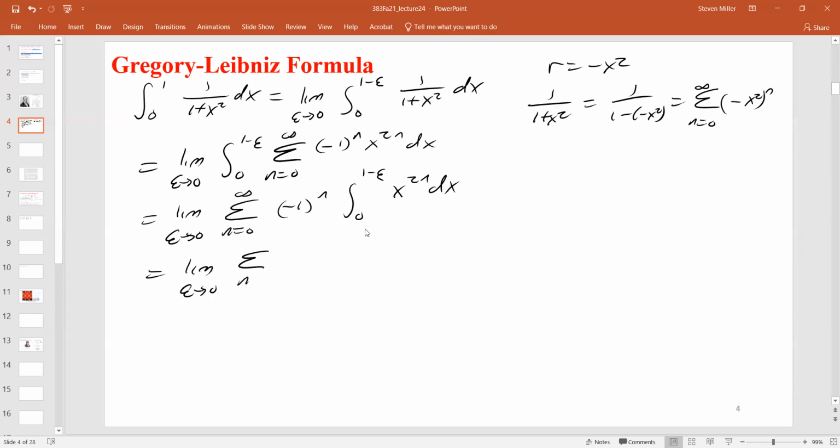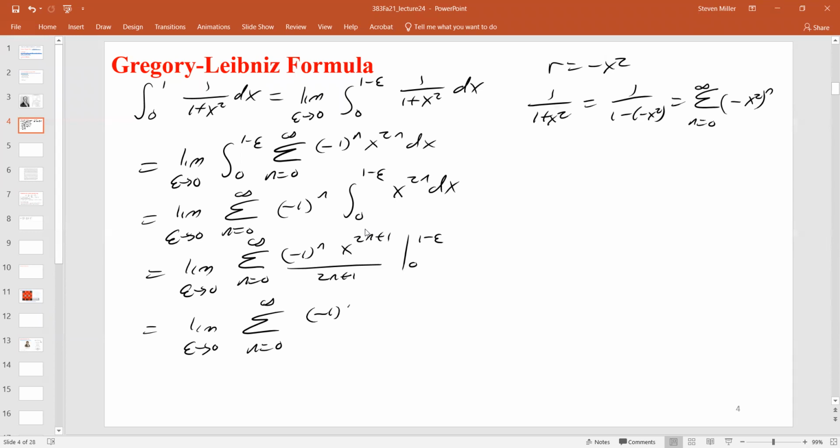So it's going to be the sum n goes from 0 to infinity of -1 to the n, and then we'll have x to the 2n plus 1 over 2n plus 1 at 0 and 1 minus epsilon. So it's the limit as epsilon goes to 0 of the sum n goes from 0 to infinity of -1 to the n over 2n plus 1, times 1 minus epsilon to the 2n plus 1.